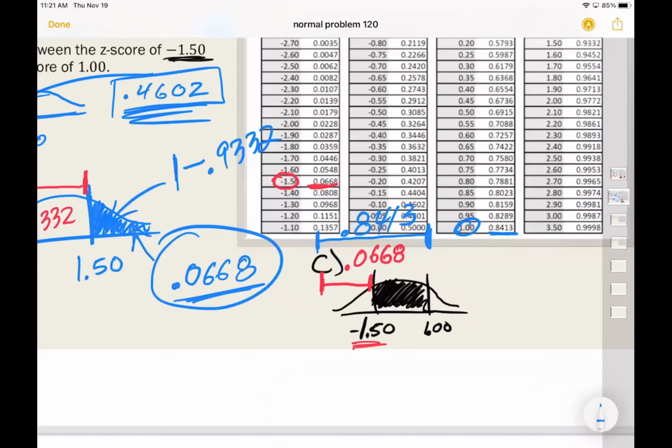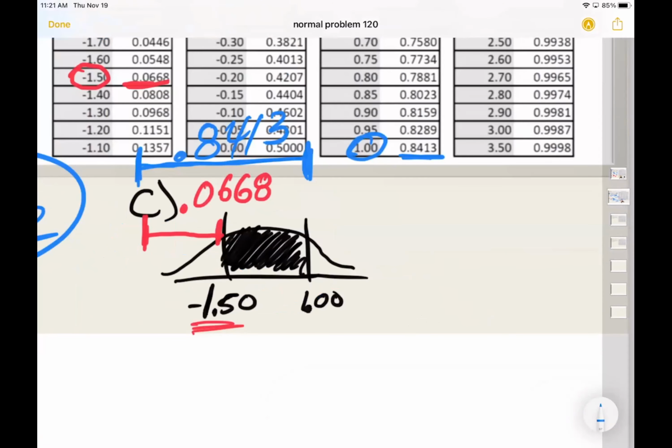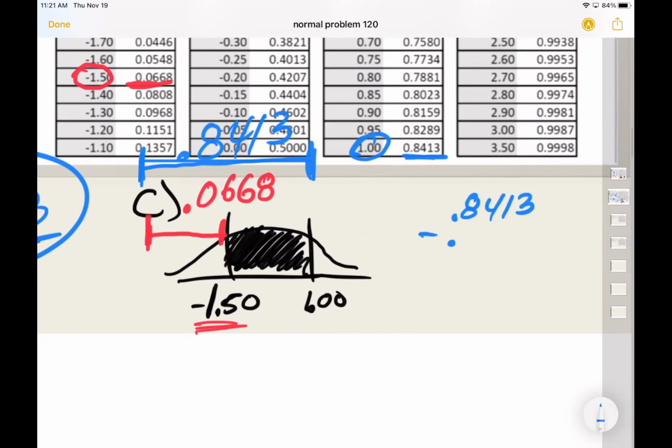So what do I do with those two numbers? Well, the blue area from the left all the way to here is 0.8413, and the short distance, the red, is 0.0668. If the long distance is 0.8413 and the short distance is 0.0668, all I need to do is take the long distance minus the short distance.